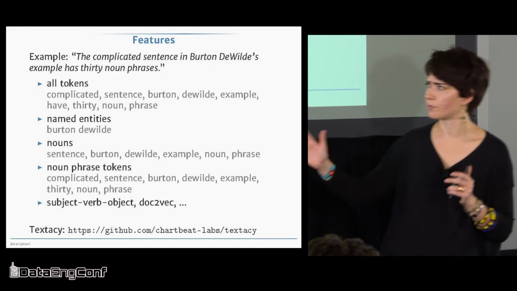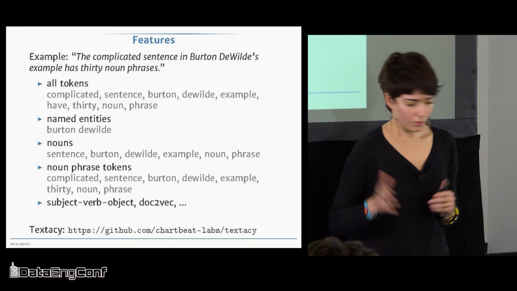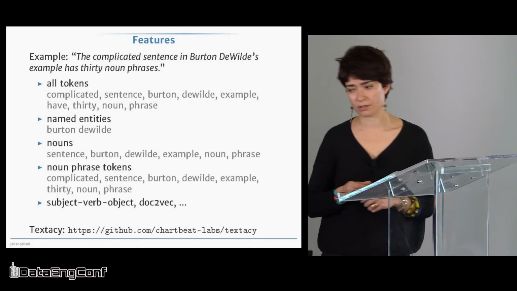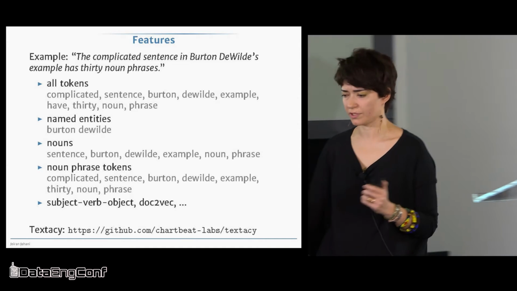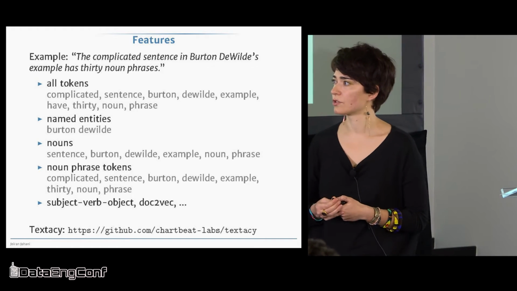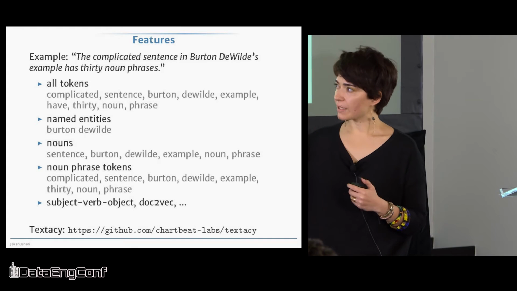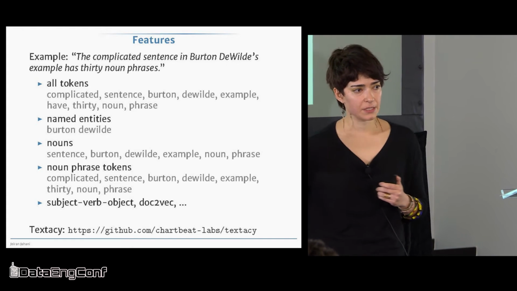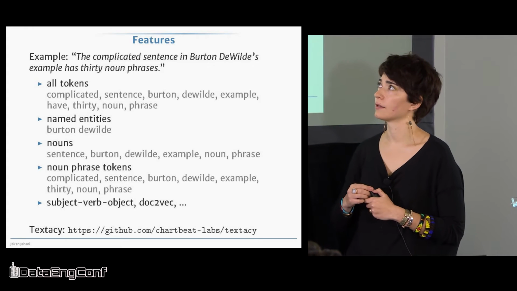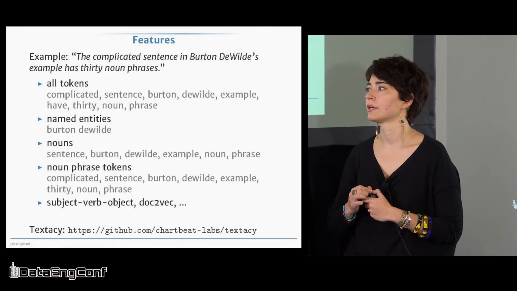You can use subject, verb, object combinations, or you can use neural network techniques, doc-to-vec, or average word-to-vec for an article, and that's how you would embed your documents in your space. But anyways, choice of feature space dictates the quality of your clusters, the granularity, and it's very important.